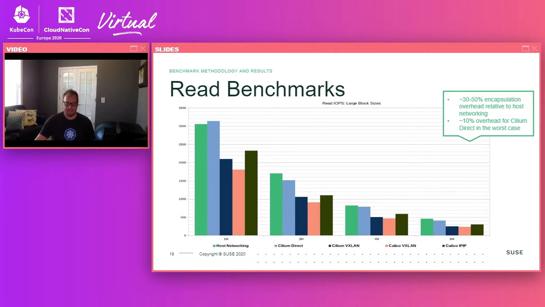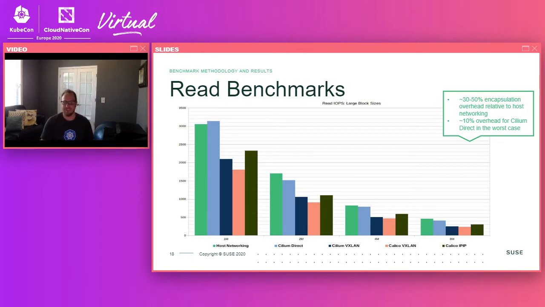So let's look at these larger block sizes. So anywhere from a 1 meg block size to an 8 meg block size. Again, we have significant overheads here when encapsulating pod traffic with VXLAN or IP and IP. 30 to 50% overhead relative to host networking.